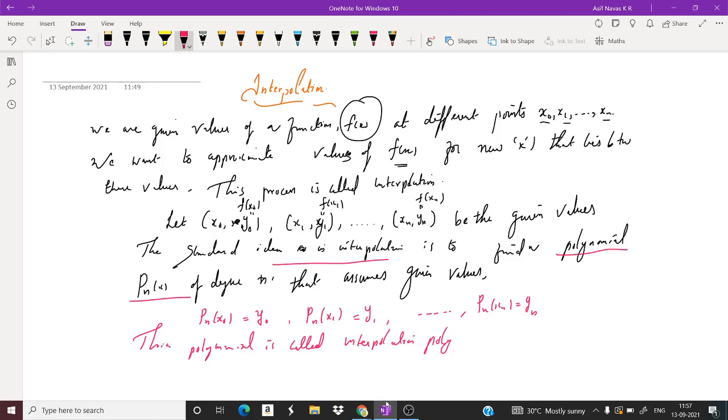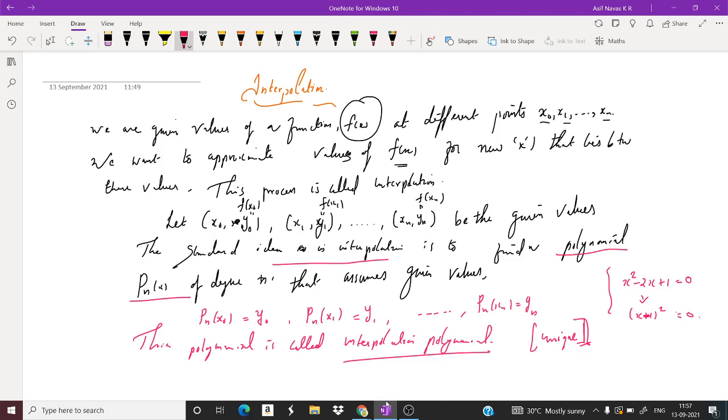Okay. So this polynomial is called the interpolation polynomial, and it is unique. But we can represent it in many ways. We know that x square minus 2x plus 1 is equal to 0 can be written as x minus 1 whole square is equal to 0.